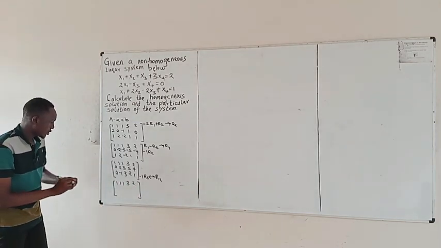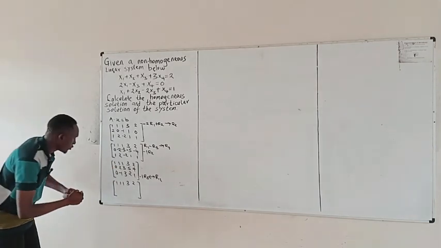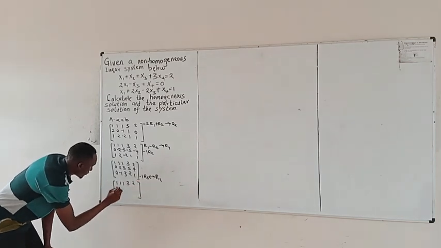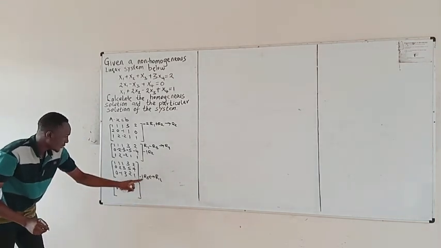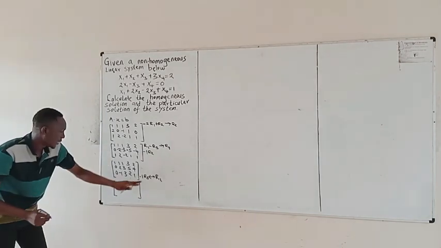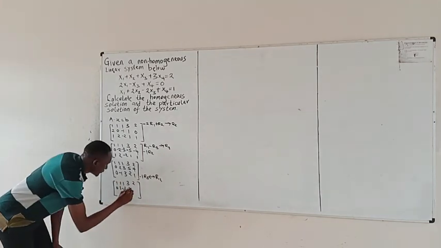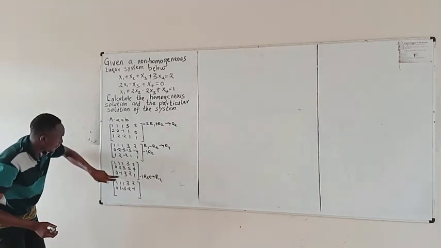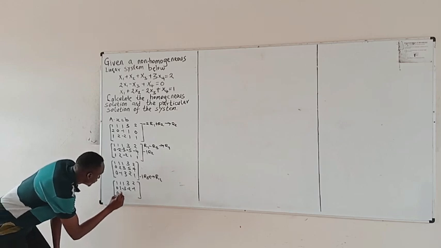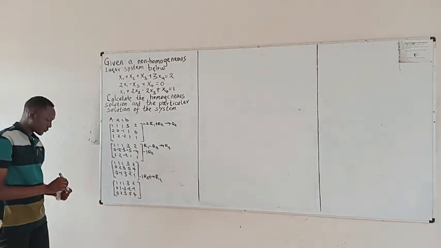Now we interchange row 2 with negative 1 row 3. Now our row 2 will be negative 1 times 0, which is just 0. Negative 1 times 1 is 1. Negative 1 times 3 is minus 3. Negative 1 times 2 is minus 2. Negative 1 times 1 is minus 1. And now our row 3 is the old row 2: 0, 2, 3, 5, 4.